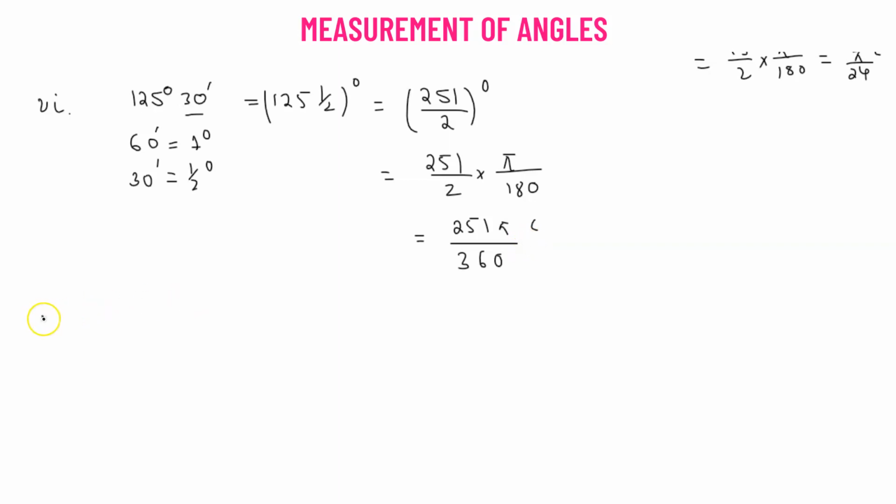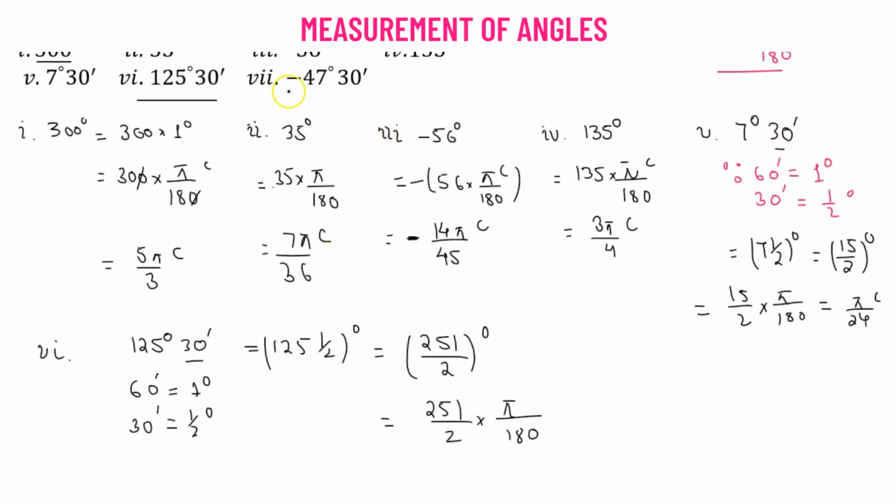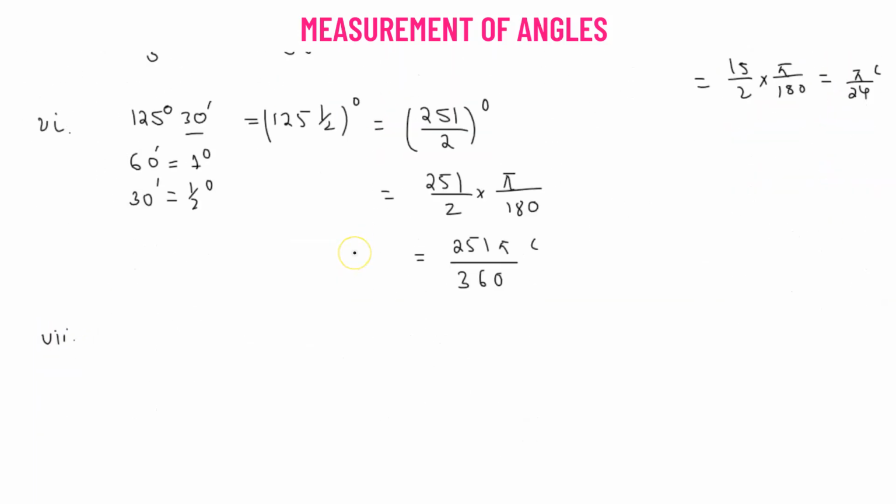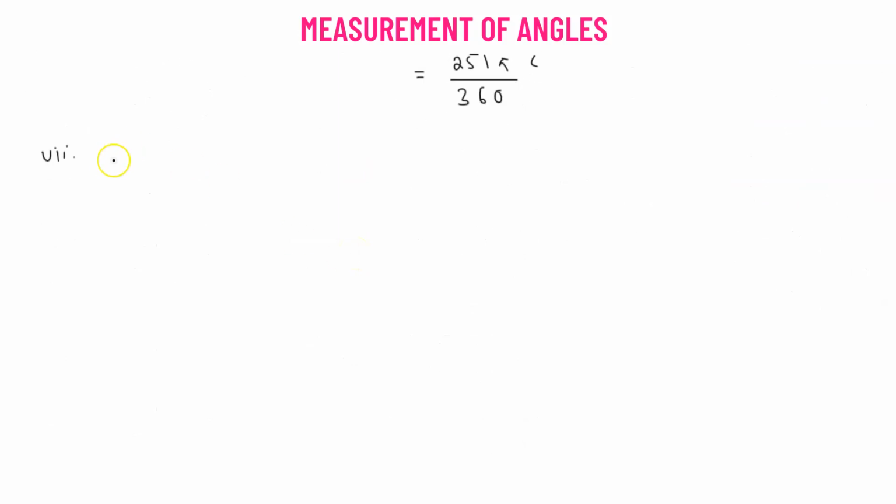Then we move on to the seventh problem. So our final problem is negative 47 degrees 30 minutes. Okay, we have negative 47 degrees and 30 minutes. So we'll convert 30 minutes to degrees. So that will be simply 47.5 degrees. So this will be equal to 95 over 2 degrees.